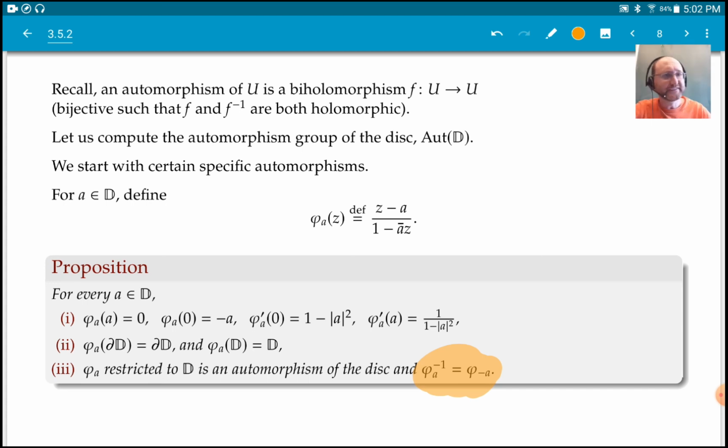That proves that it is an automorphism. There is the inverse. It also really proves that it's one-to-one. If you can find an inverse, then it's one-to-one. So all of these are just computation directly from the formula. There's nothing deep going on over here. And the proof is an exercise, an exercise to do a little bit of algebra.